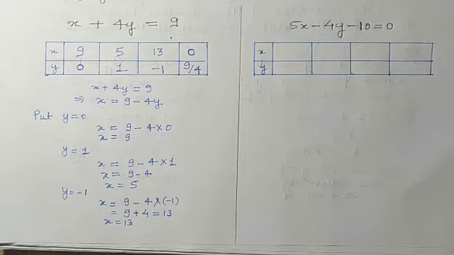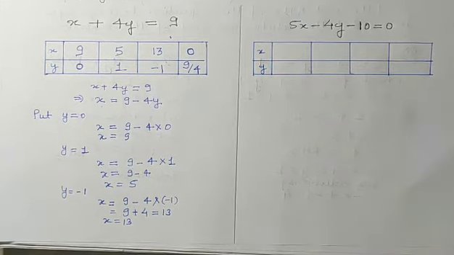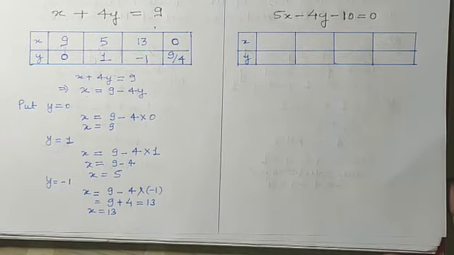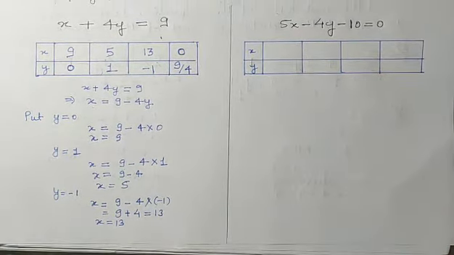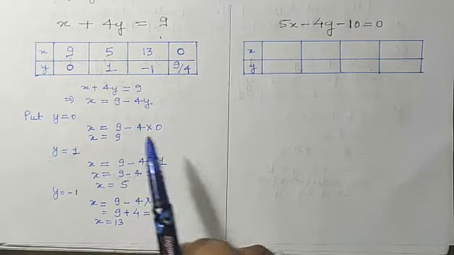Okay students, now this example is 5x minus 4y minus 10 is equal to 0. This time how can we find the solution of this equation? In the same manner as we have done here.